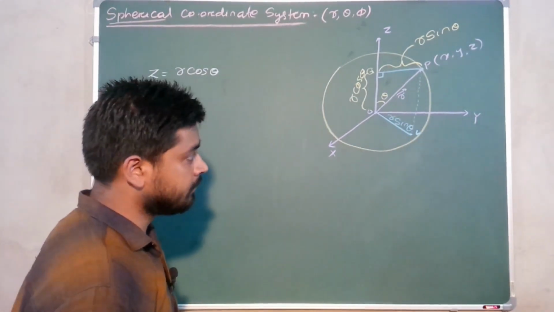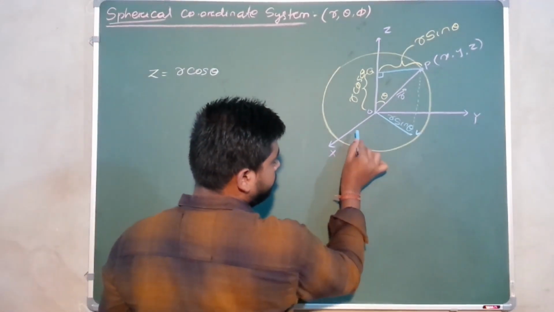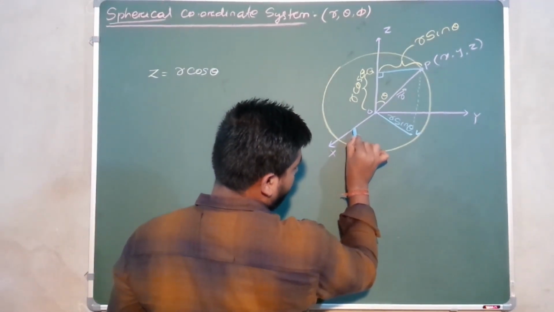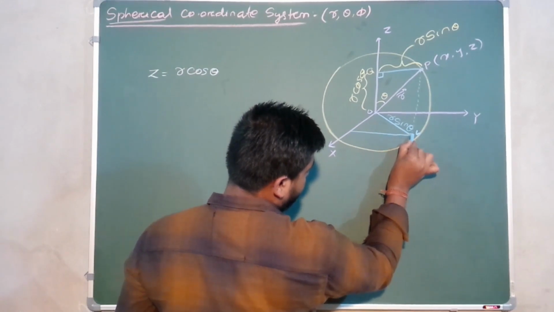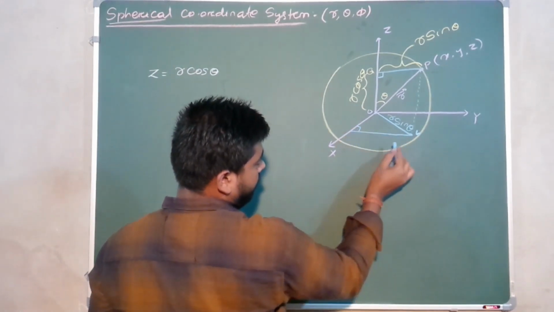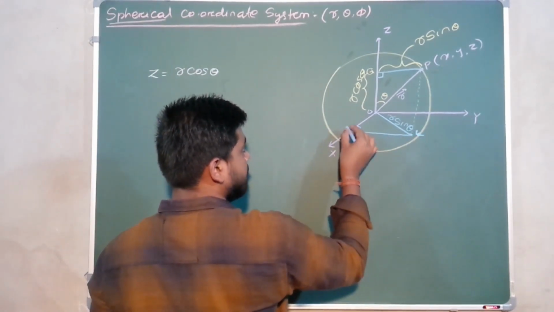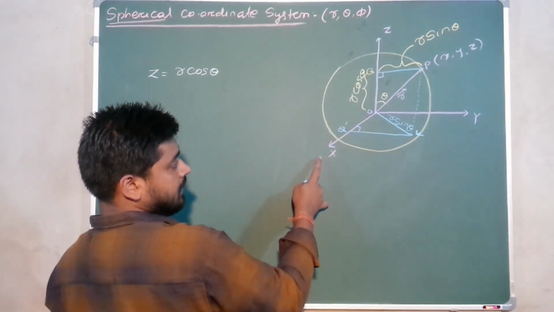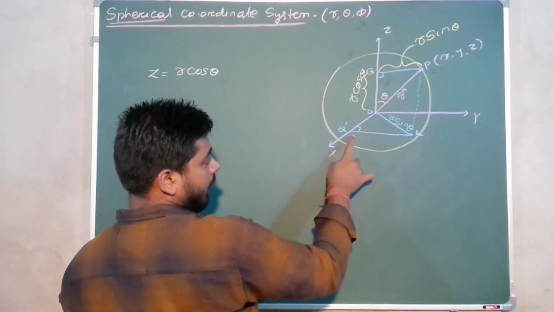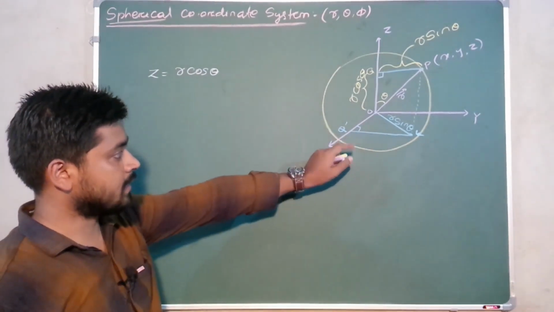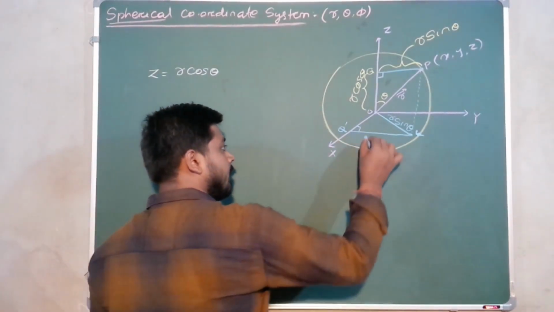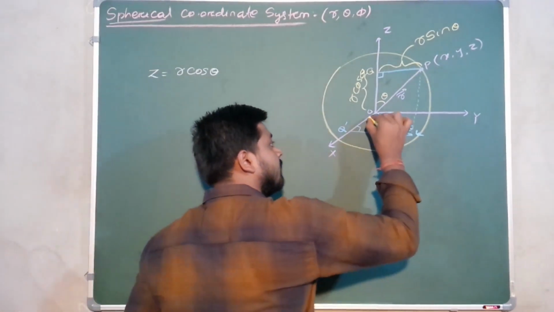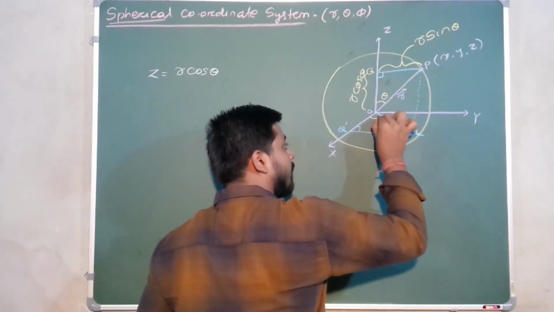Then draw the perpendicular. Let this be the point L. Let this be the point Q prime. Q prime is on x-axis. Draw a perpendicular from L to x-axis, which meets the x-axis at Q prime. And let this be the angle phi.